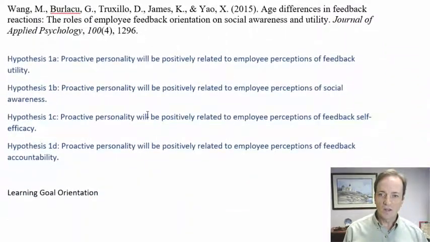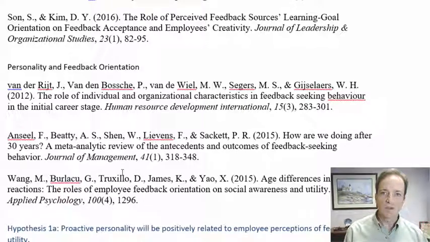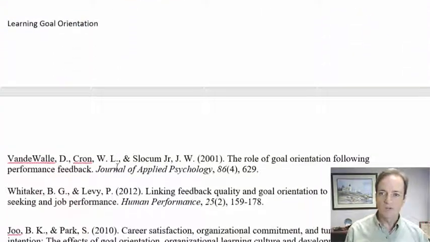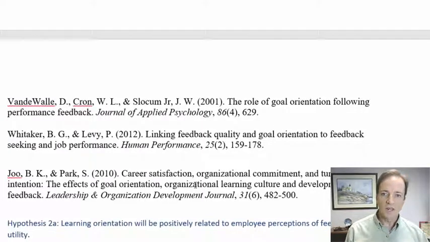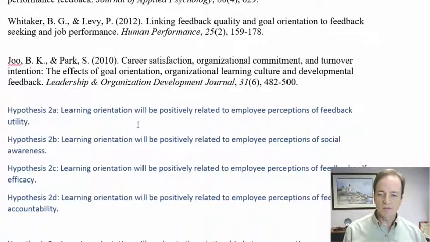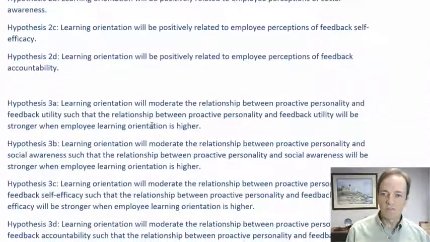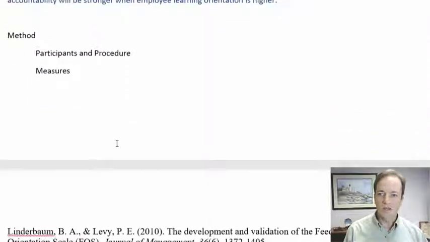And then I started coming up with hypotheses related to how personality relates to feedback orientation, and then a section on learning goal orientation and background articles on that, and then hypotheses based on my reading through these articles, what we were going to look at for that, and then a little bit more fancy hypotheses here for interaction.